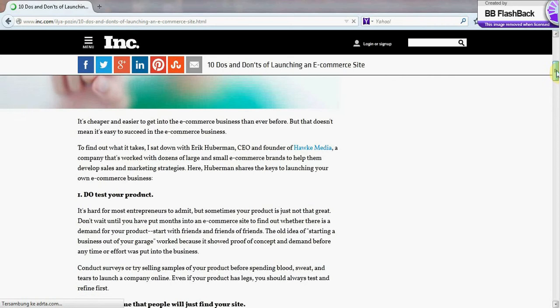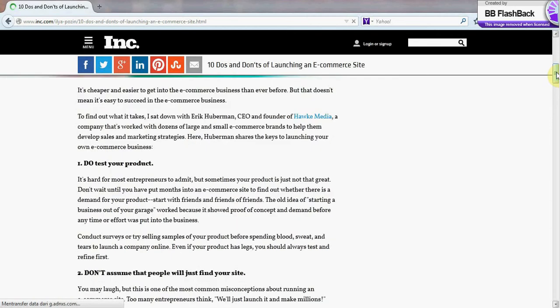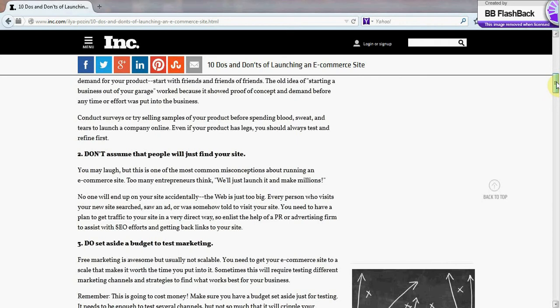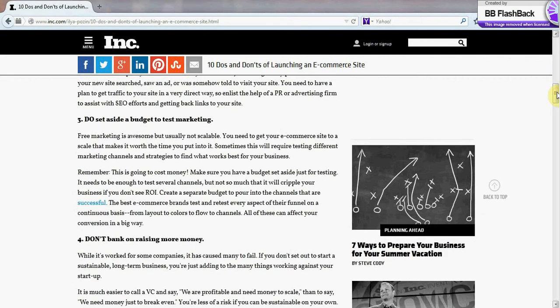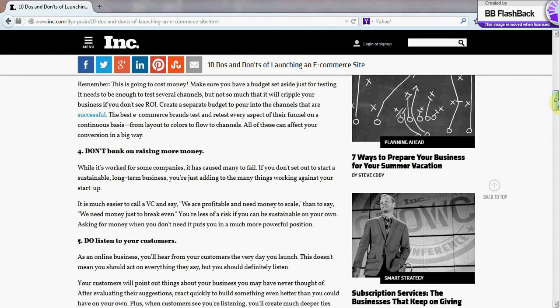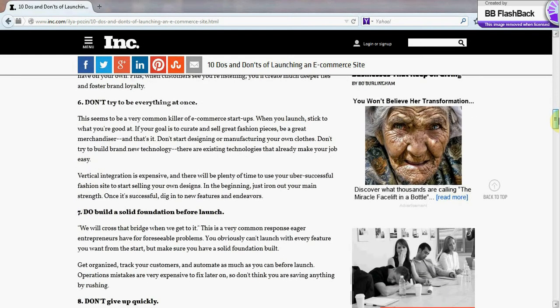Eric Huberman, CEO of Hockey Media, shares the keys to launching your own e-commerce business. First, do test your product. And the second, don't assume that people will just find your site. The third, do set aside a budget to test marketing. Don't bank on raising more money. Do listen to your customers. Don't try to be everything at once.